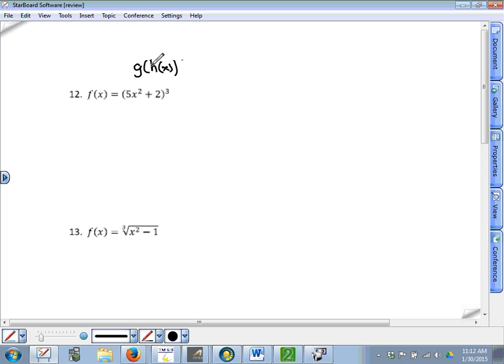The derivative of a composition is equal to g prime times h prime, essentially. So we have to take the derivative of the outer function, which would just be dropping down the 3 in front and decreasing the power by 1. So this would be 3 times 5x squared plus 2 to the second power. That's the derivative of the outer function. Now we multiply that by the derivative of the inner function, which is 10x.